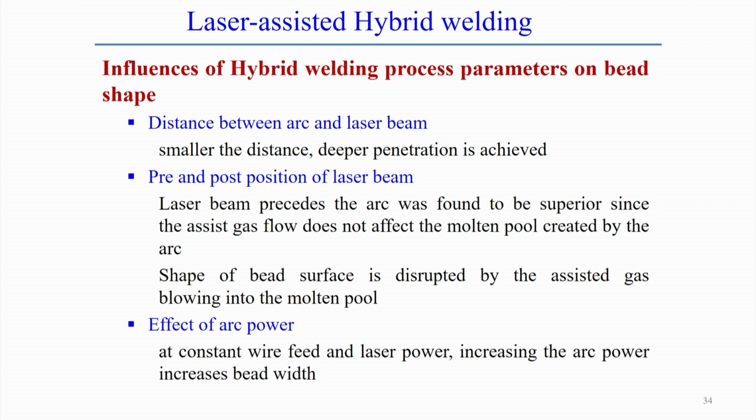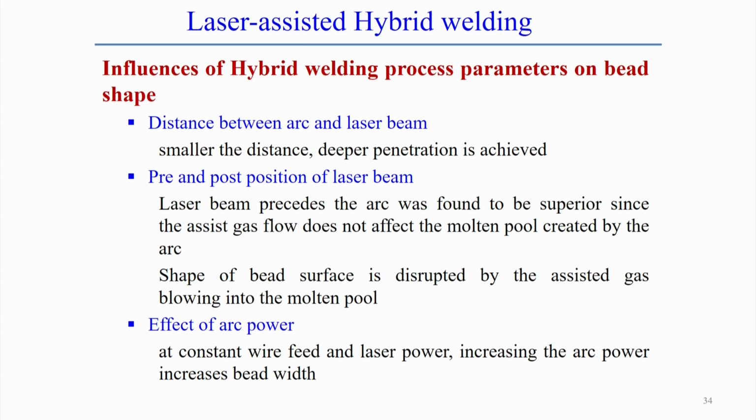In this case, putting the laser beam in front of the arc is the more preferred way, specifically when we hybridize the process using laser and gas metal arc welding, because the gas flow does not affect the molten pool created by the laser, but the shape of the bead surface is basically disrupted by the gas blowing into the molten pool.